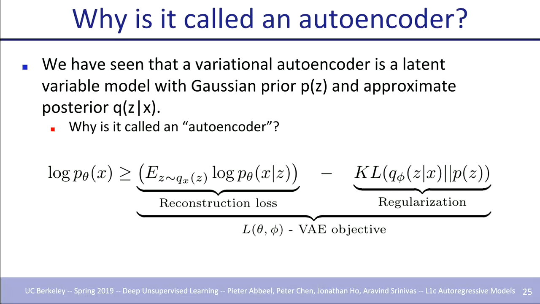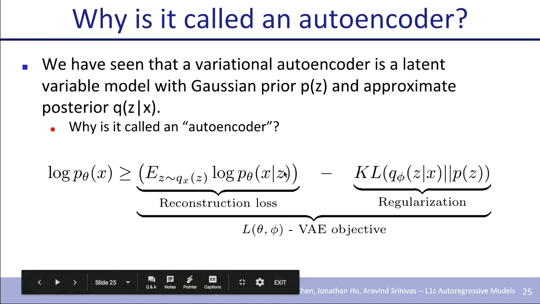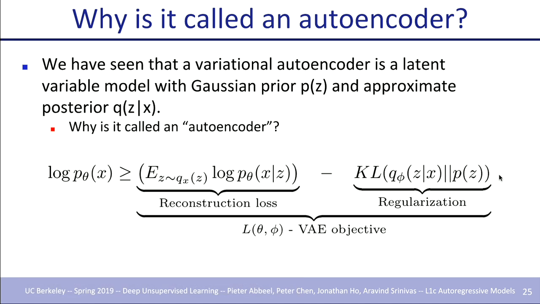So in an autoencoder as well, you have the decoder. And the second term is like some kind of a regularization objective that prevents your posterior from fitting one z to every single x separately and happily optimizing the log likelihood objective.